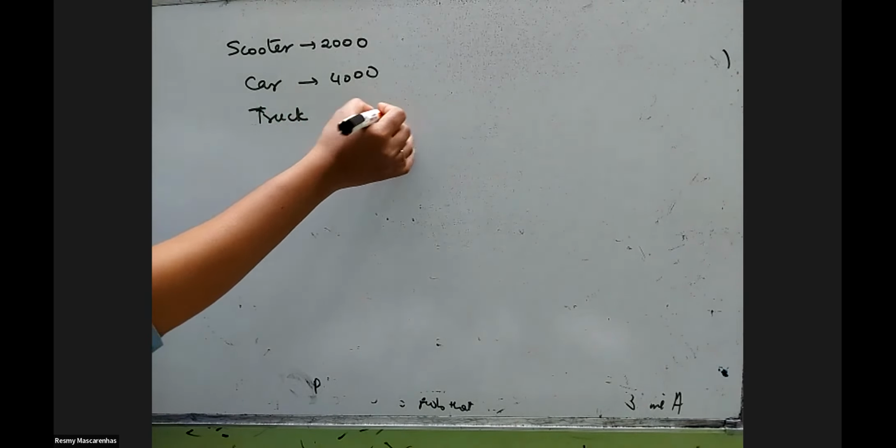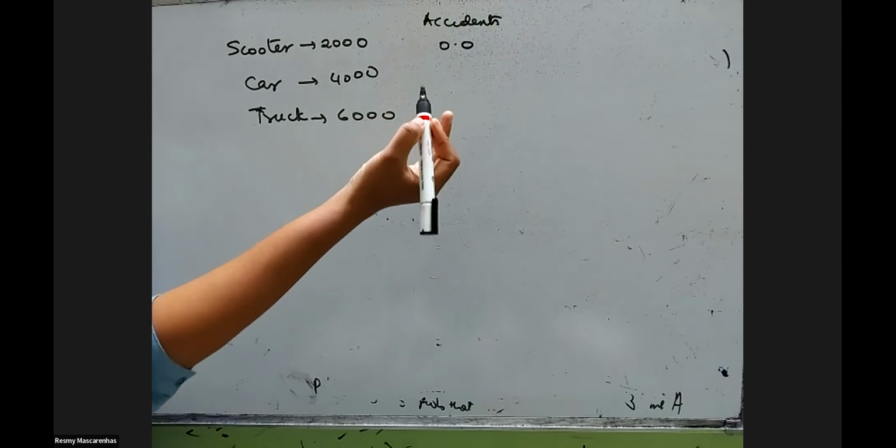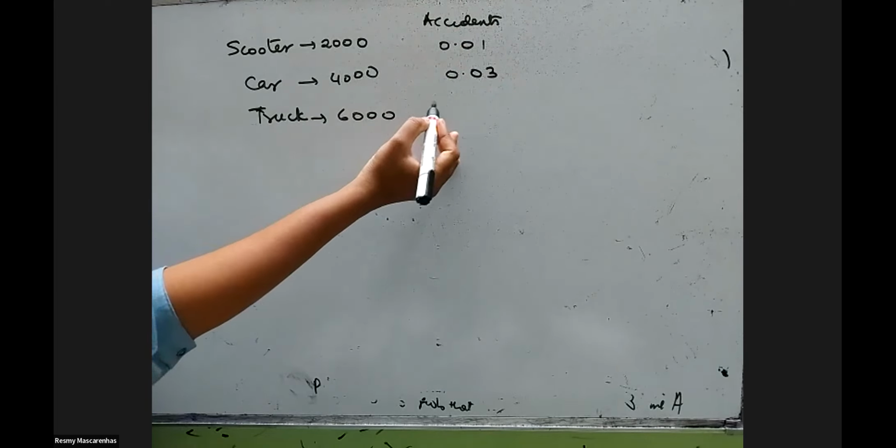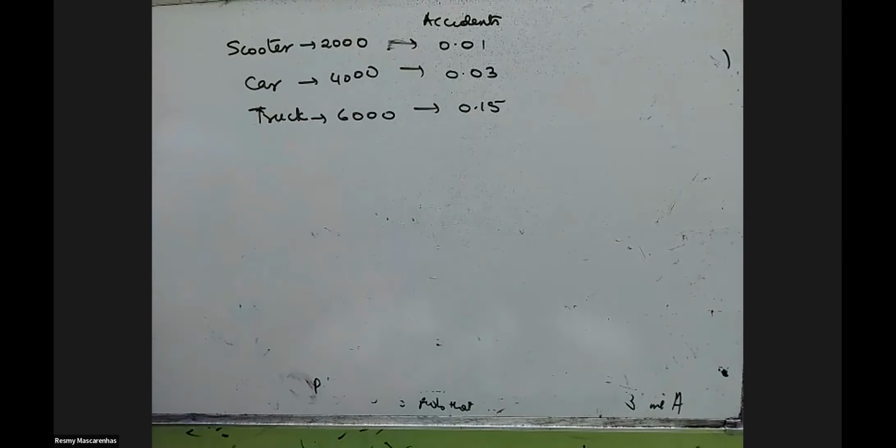This is 6,000. Probabilities of accidents are, okay. So this is the data given.